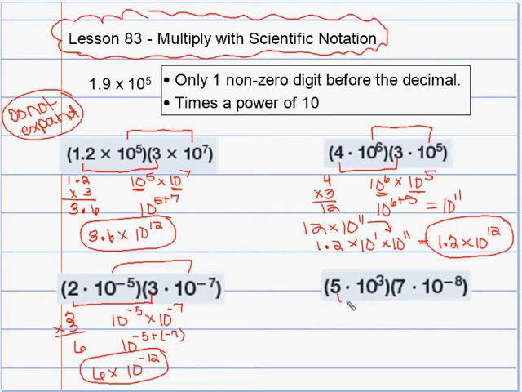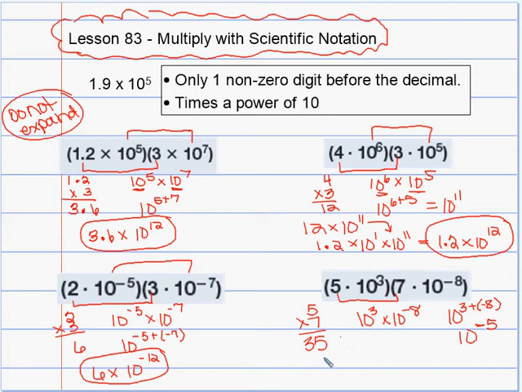Last example, 5 times 7 is 35. And here we have 2 digits, so we know we're going to have to do some modification like we did before. 10 to the 3rd times 10 to the negative 8th. It's going to be 10 to the 3rd plus negative 8, which is 10 to the negative 5th power.